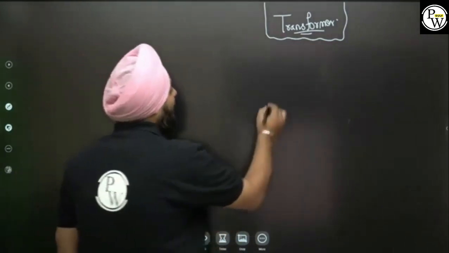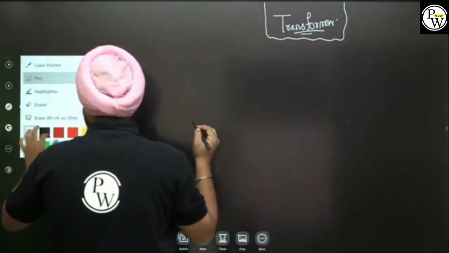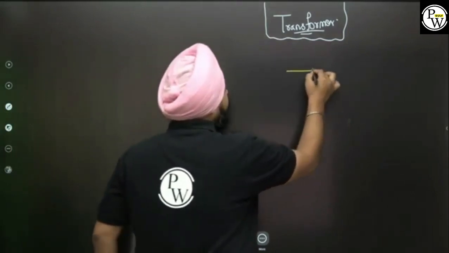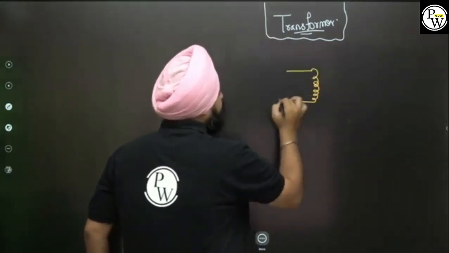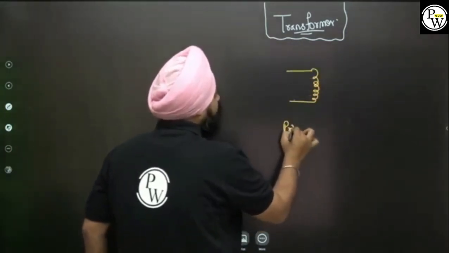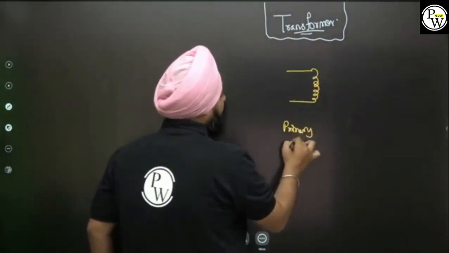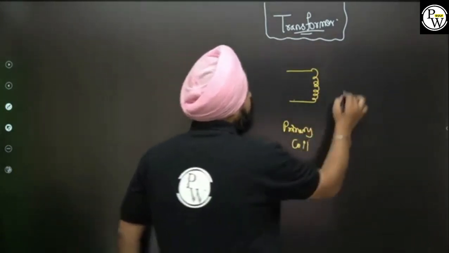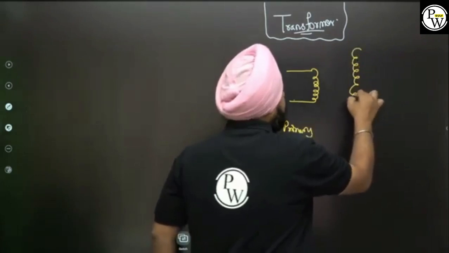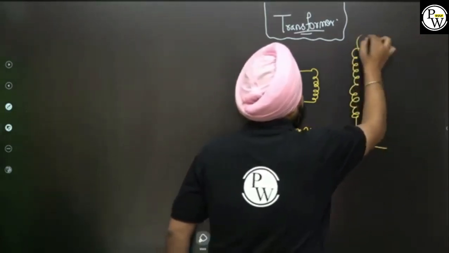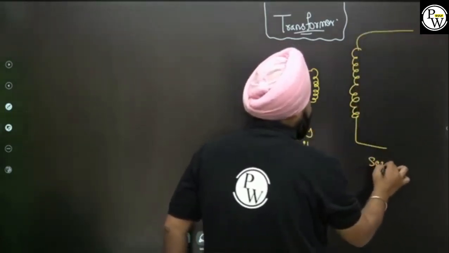So the transformer was like this. Basically, a transformer has two coils. On one side we have the primary coil, on the second side we have the secondary coil.